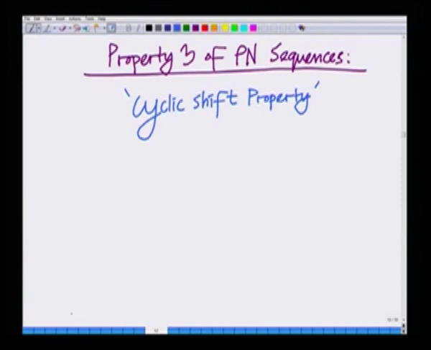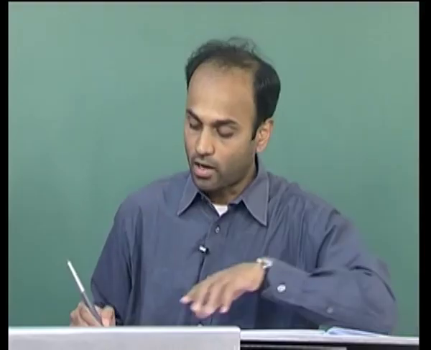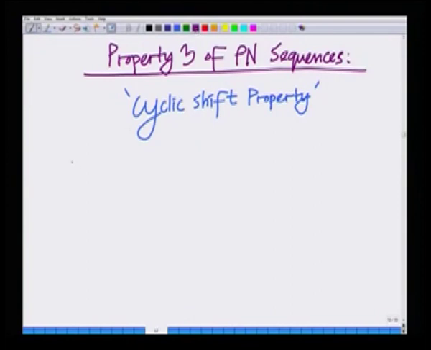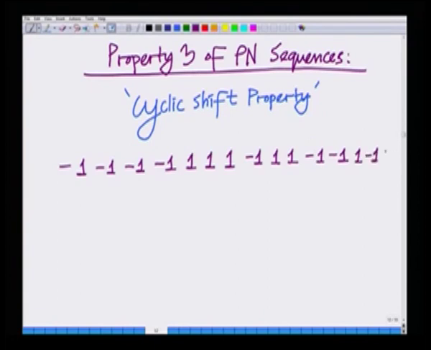Now, let me write down again the same PN sequence that I had written before, that is minus 1, minus 1, minus 1, minus 1, 1, 1, 1, minus 1, 1, 1, minus 1, minus 1, 1, minus 1, 1.